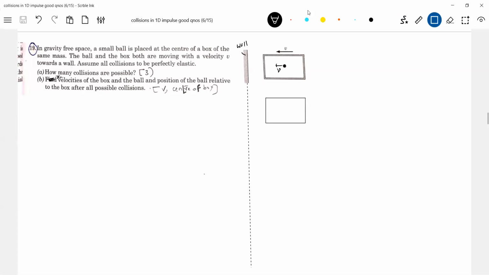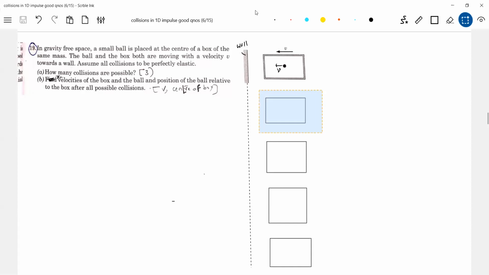After collision, this is what happens. Let's see that. First, what happened? The box has gone and collided with the wall. The position of this will relatively change. Tell me what the direction of the velocity of the box will be. It has collided.